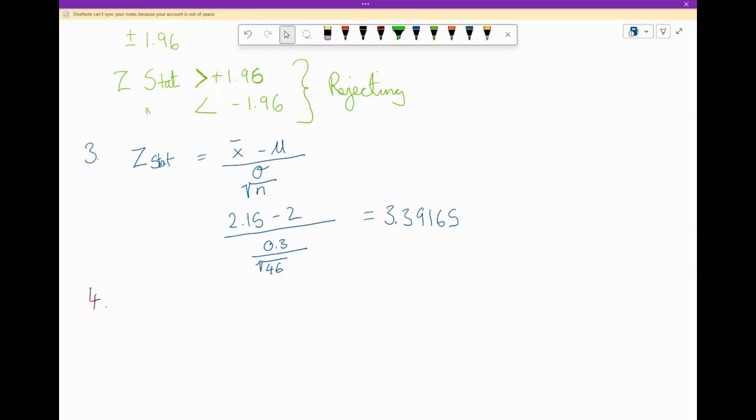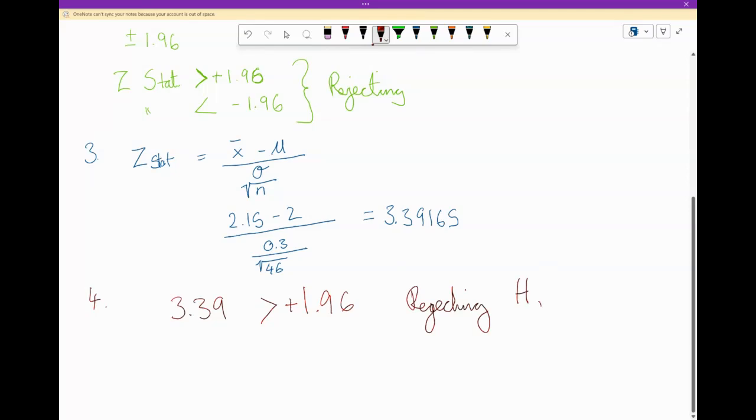So here, 3.39, is it greater than a positive 1.96? So what are we doing? We're rejecting H0.